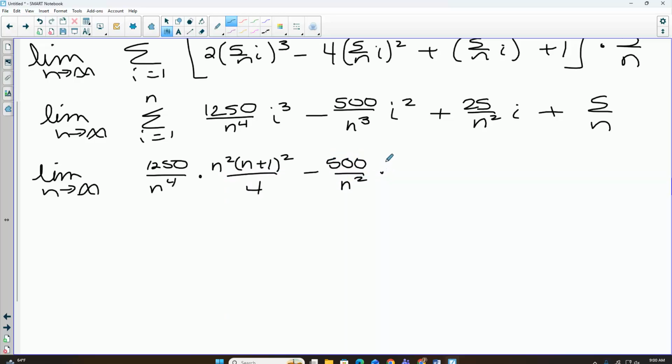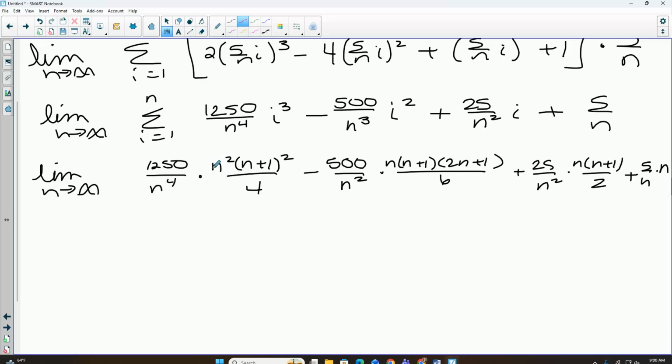The sum of i squared is n times n plus 1 times 2n plus 1 over 6. The sum of i is n times n plus 1 over 2. And how do you add up 5 over n if it doesn't have an i in it? Times n. Alright.